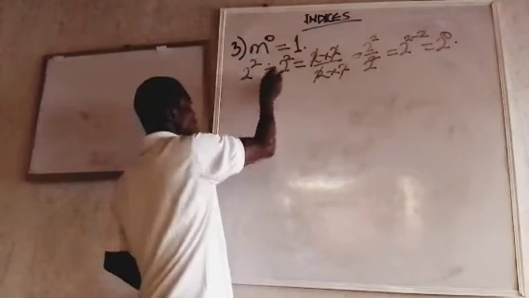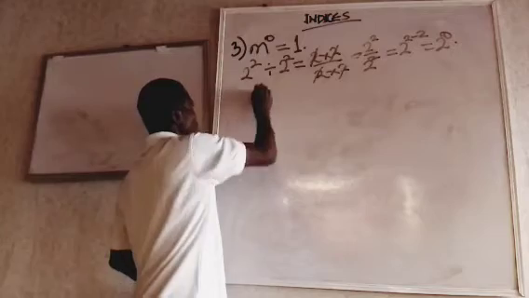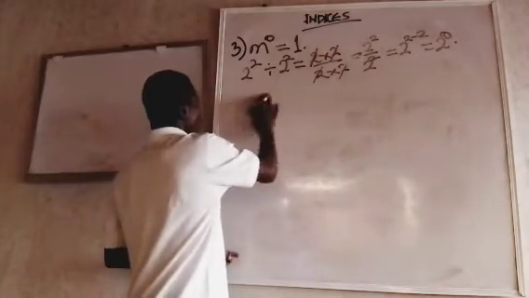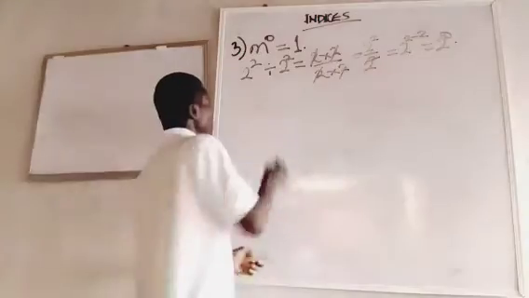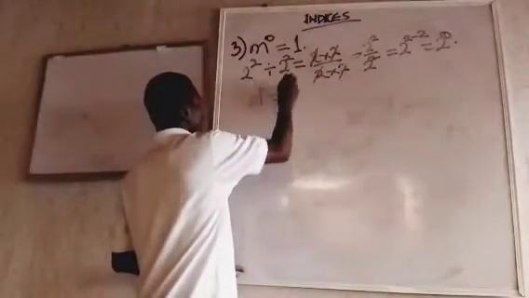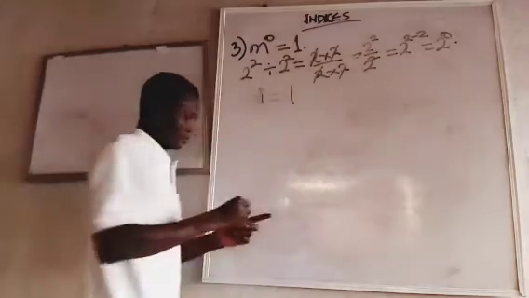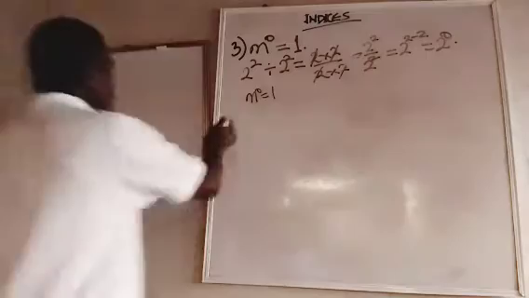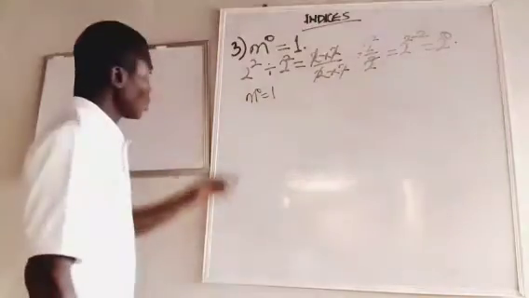So any number raised to the power 0 is going to give us 1. Please take note of that. Any number raised to the power 0 is equal to 1.